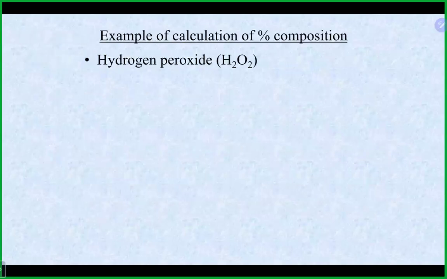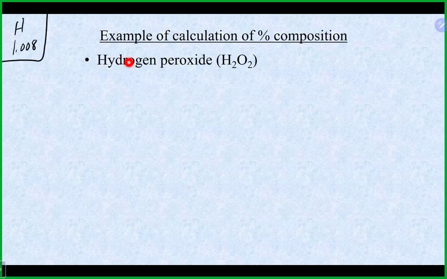So let's take a look here. If we have H2O2 and we wanted to figure out the percent composition of each of the elements involved, the first thing we would want to do is calculate the molar mass of this compound. Once again, if we go to the periodic table, we will see for hydrogen 1.008, and for oxygen we will see 16.